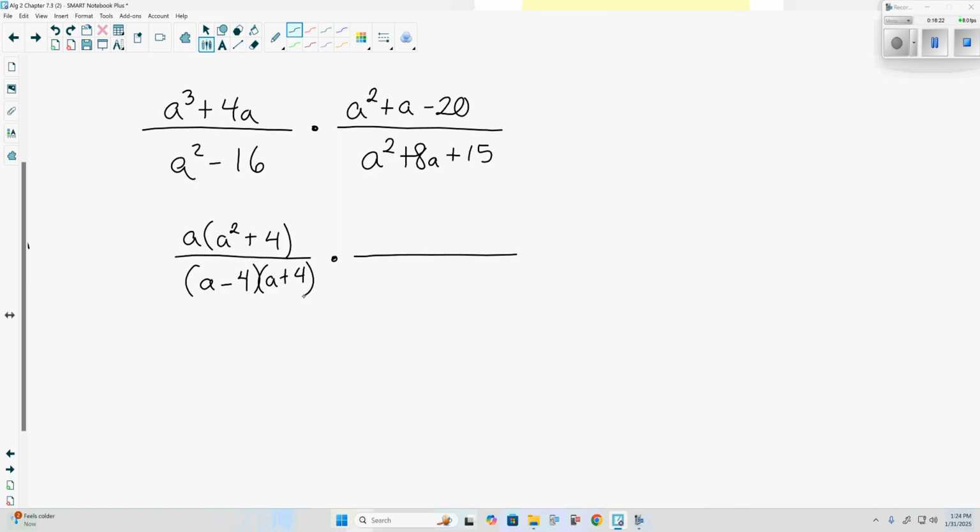Bottom, a squared plus 8a plus 15. 1 and 15, 3 and 5. A times 5 is 5a. 3 times a is positive 3a, giving us the 8a that we wanted.